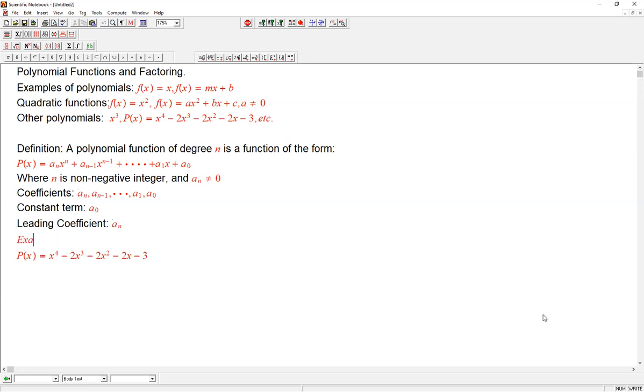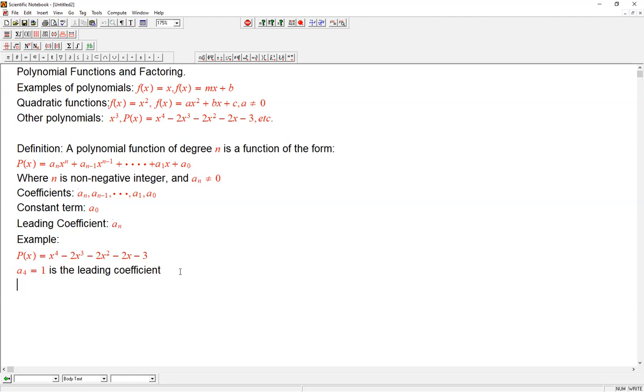Now in the example as follows, we can see the highest degree is 4. So we have a sub 4, which is the leading coefficient. Its value equals 1.